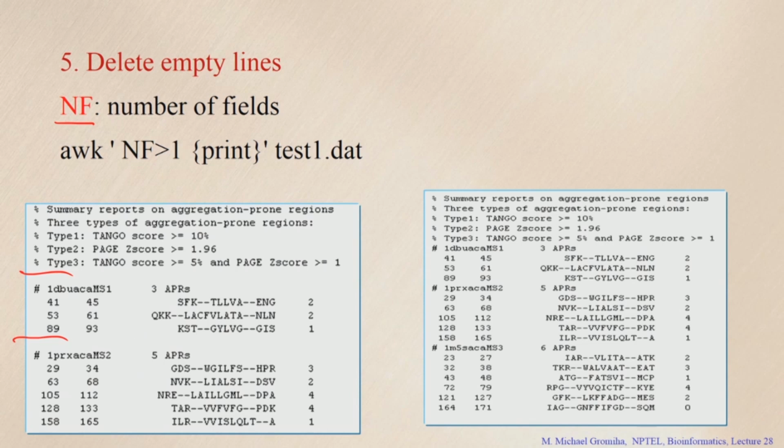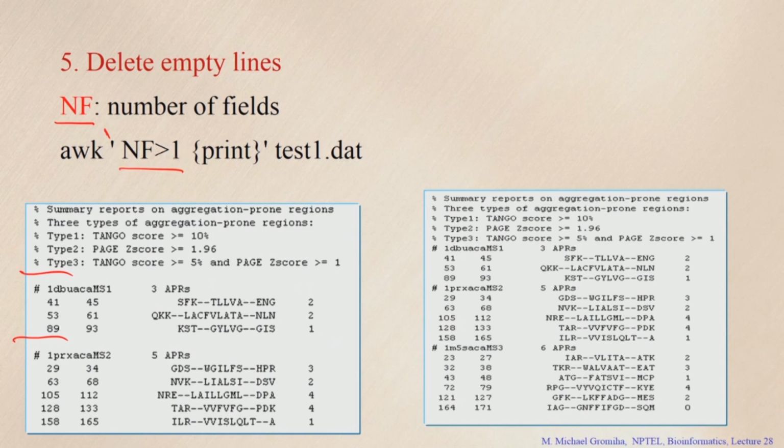Number of columns, how many fields we have. If you want to eliminate the empty lines, so a line has at least one column, one field. In this case you put NF is greater than 1. You can see the code, starting from the condition till your action. So, here the condition is NF is greater than 1.